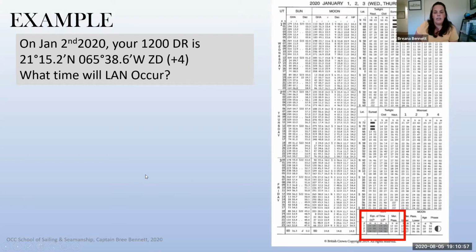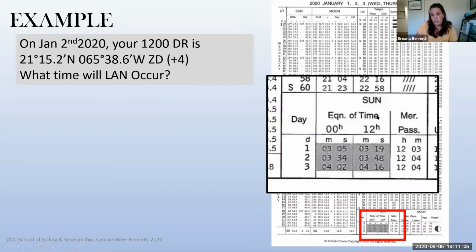So first we have to calculate what time LAN is. So we go to January 2nd. On the bottom of the right-hand page for daily pages, we see that our meridian passage is going to be at 12:04 for the sun.